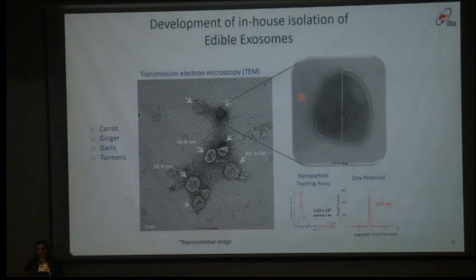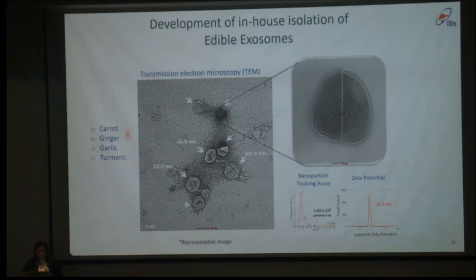For this we took carrot, ginger, garlic, and turmeric associated exosomes, and we developed an in-house method to isolate these edible exosomes. This is an electron microscope image. You can clearly see that they are cup-shaped spherical exosomes with a size range between 50 to 100 nanometers, and their concentration came out to be enough to be delivered to the mouse model, and they are active in terms of zeta potential.